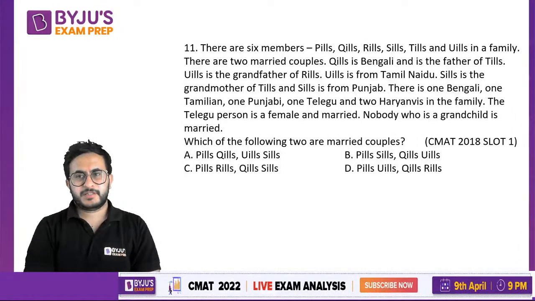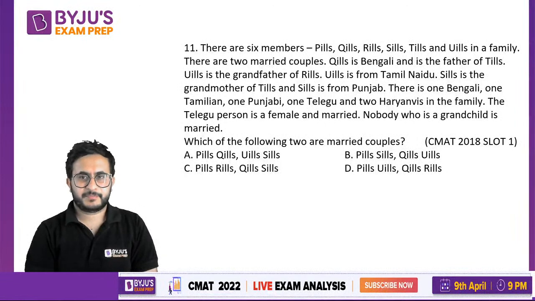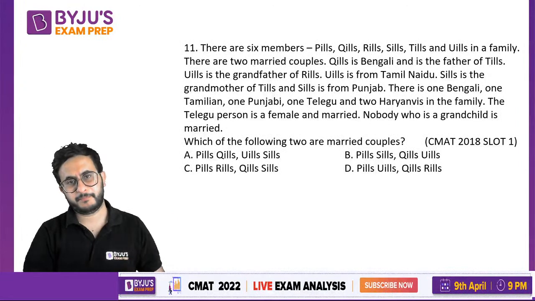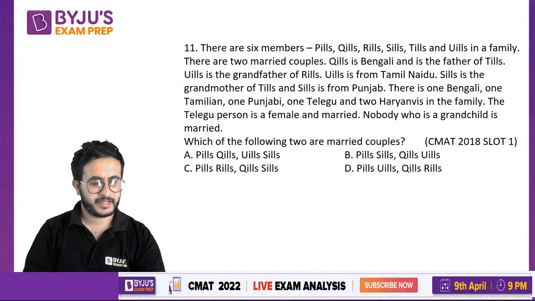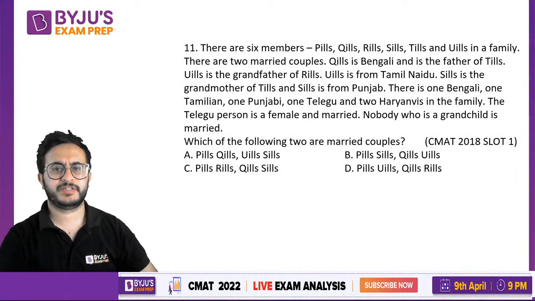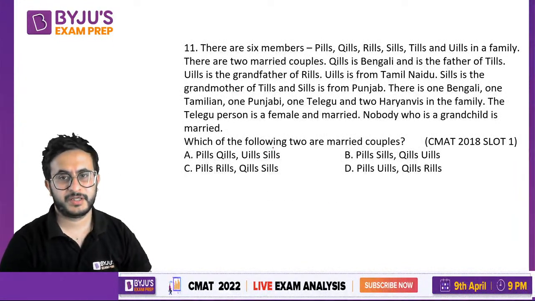So there are 6 members, and there are 2 married couples in this. So should we make the complete arrangement, or can we answer without doing that? Now this is a time consuming question if you solve it in a normal way. Okay, now let us read this.